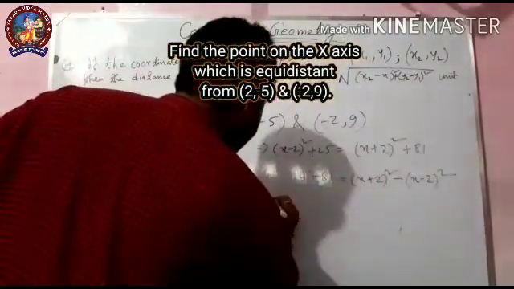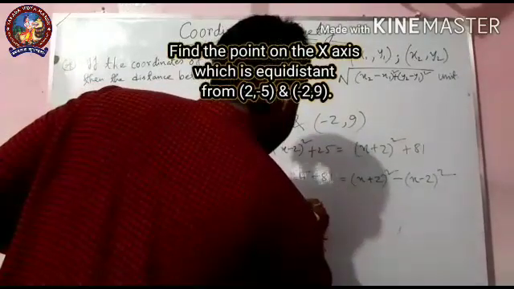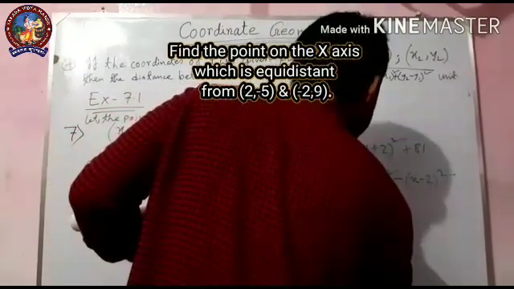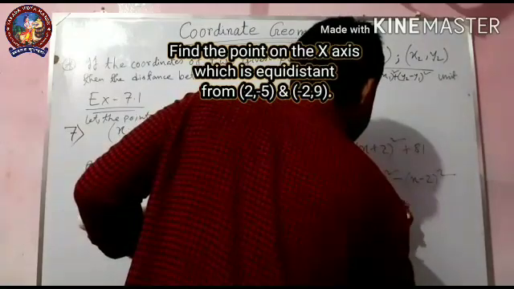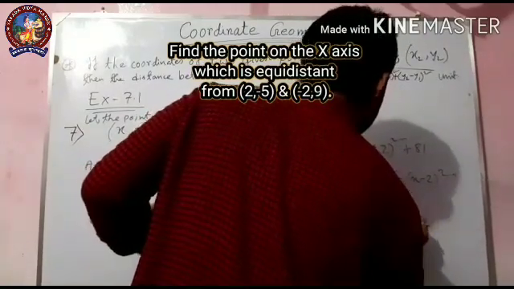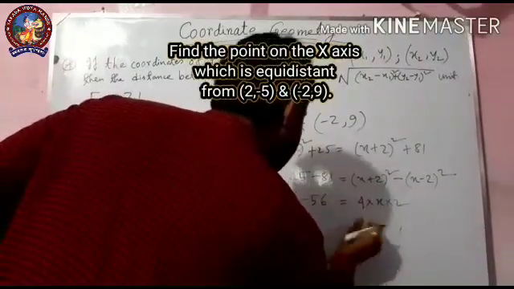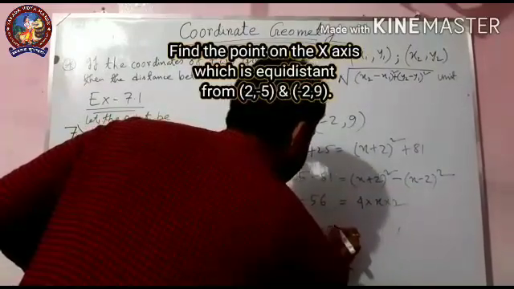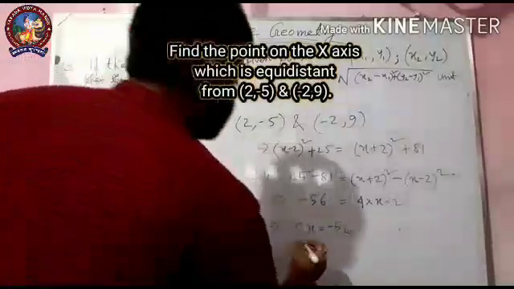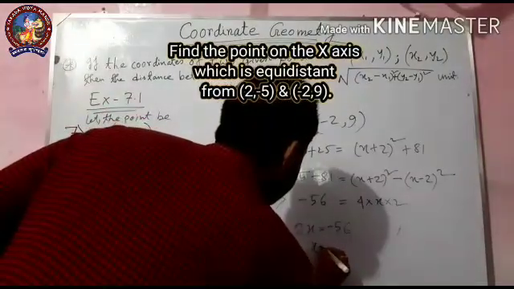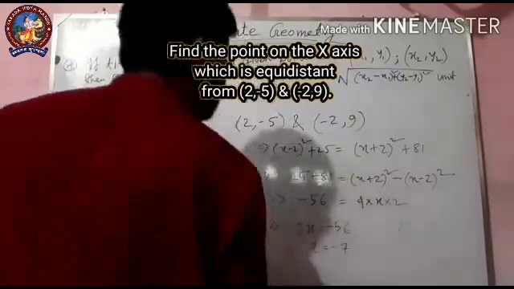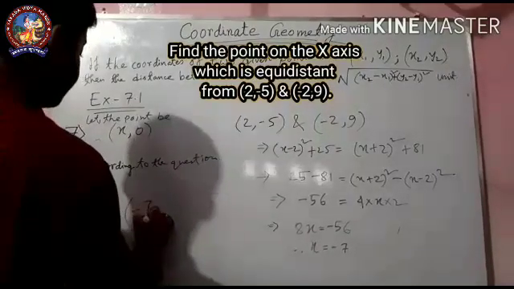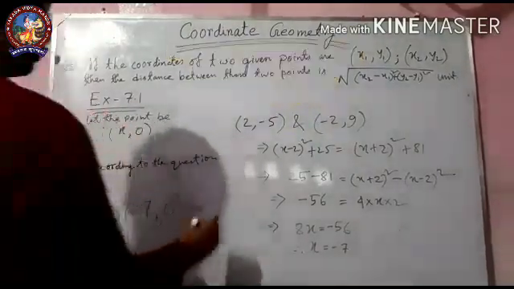And on this side it becomes minus 56, and this will become, applying the formula 4ab, that is 4 into x into 2, so 8x equals minus 56, right? So x is minus 7, so the required point will be minus 7, 0. This will be the answer.